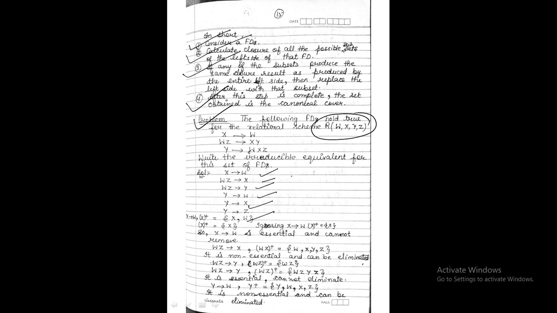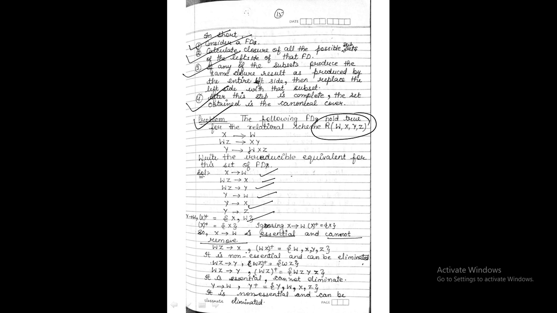Now you can find the closure of X. When we find the closure of X, we find that X implies W or X implies X. Here we ignore X implies W because X closure is X. X implies W is essential and cannot be removed.